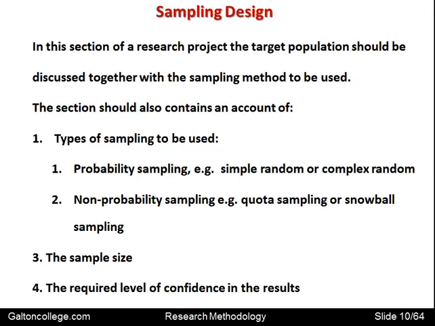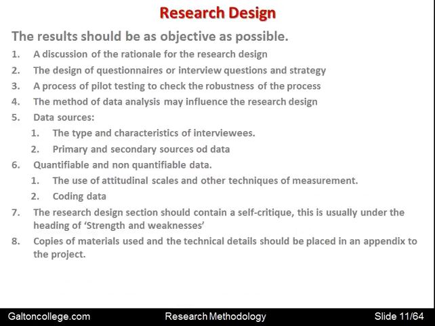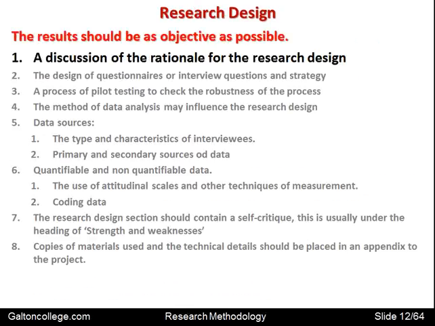Now let's go through these again. We'll talk about the research project. Now, the results should be as objective as possible. That is an absolute truth. The results should be objective. They should not contain the opinions of the researcher, and they should not be biased in line with what the researcher thinks ought to have happened.